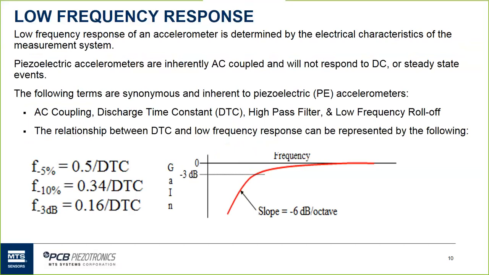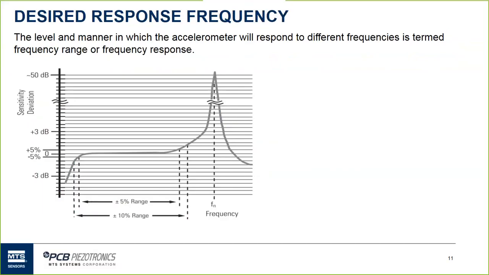Now let's put it all together and take a look at the entire bandwidth plot of a typical accelerometer. And here we're looking at the low frequency roll-off on the far left, and to the far right, we're looking at high frequency effects on that.